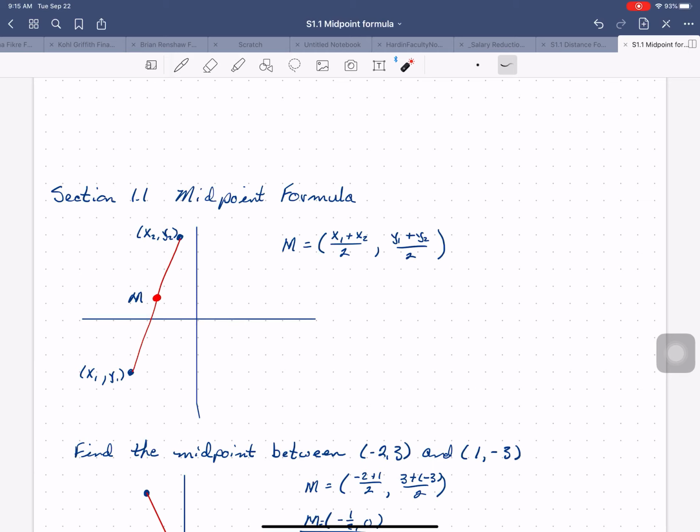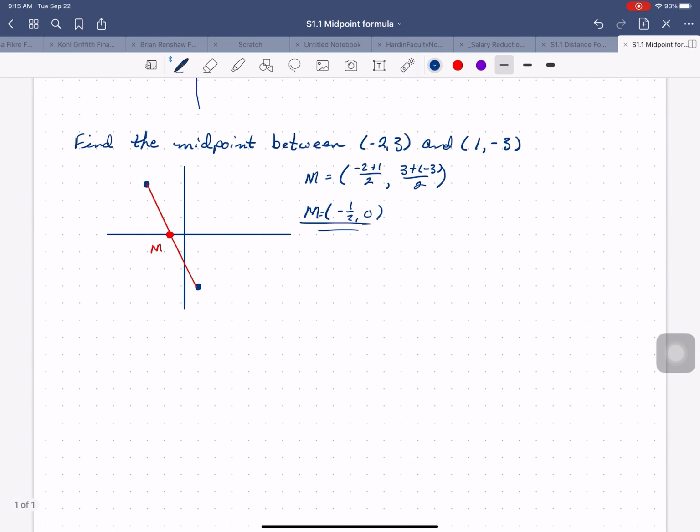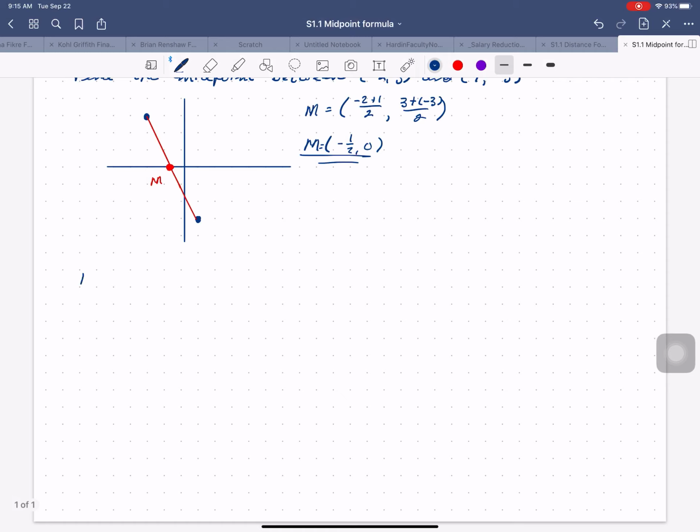So suppose I know that the midpoint between 2 points A and B is at the coordinates, we'll go for -3, 2.